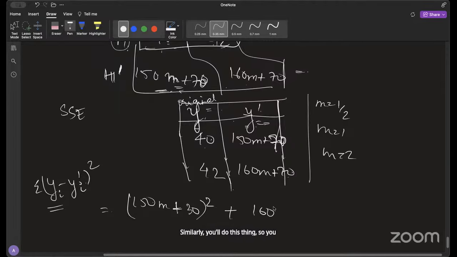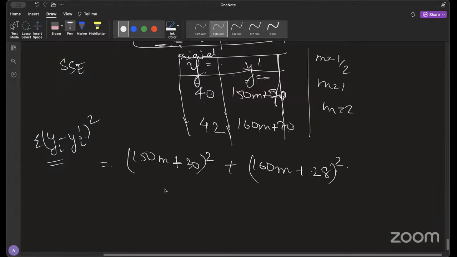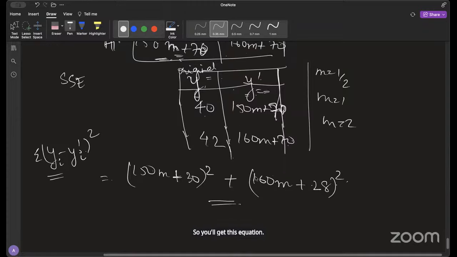So you'll get 160m plus 70 minus 42, so you'll get 28, right? So you'll get this equation. And then just substitute the value of m here.